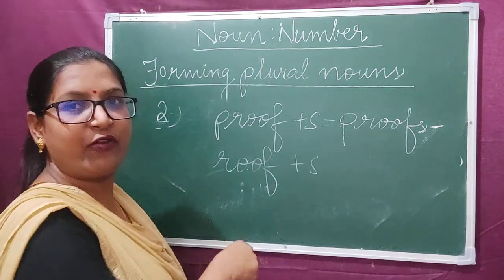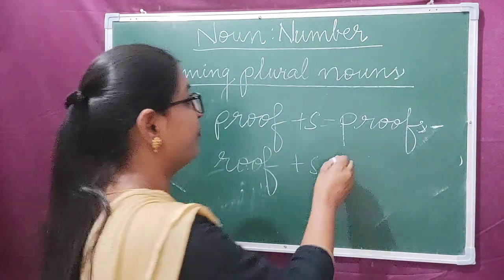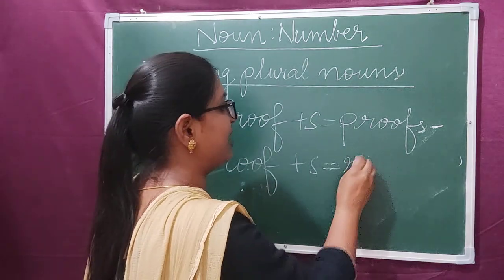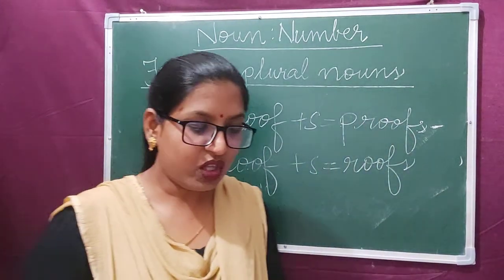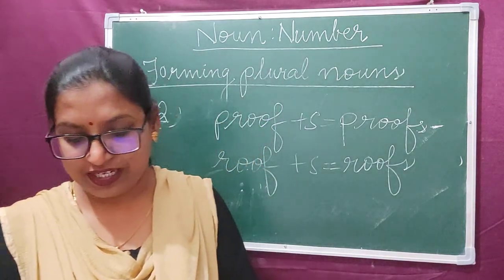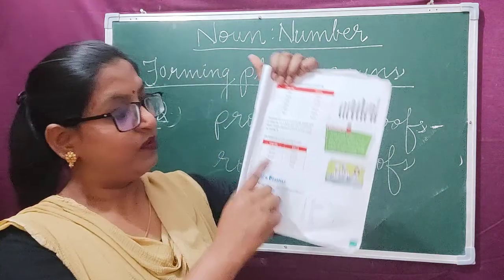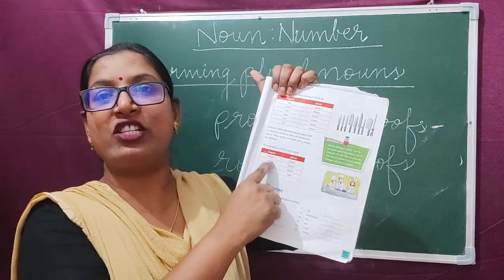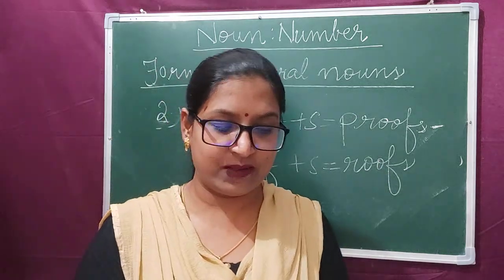Though it is ending with F, we do not follow the rule which we studied right now. We just add S with it and it becomes roofs. Clear? So dear children, here you can see on page number 19, the table is given. The table is given for words for which this rule is not applicable. You need to memorize these words. Clear?